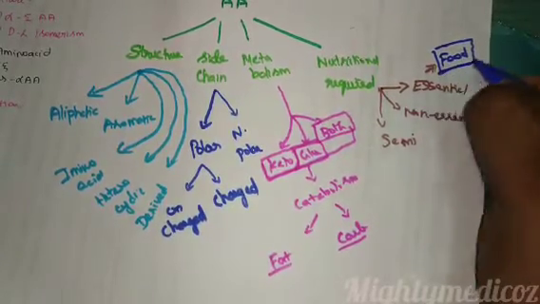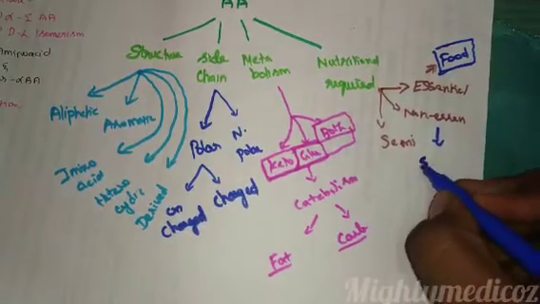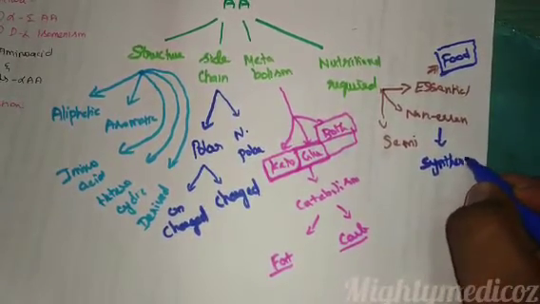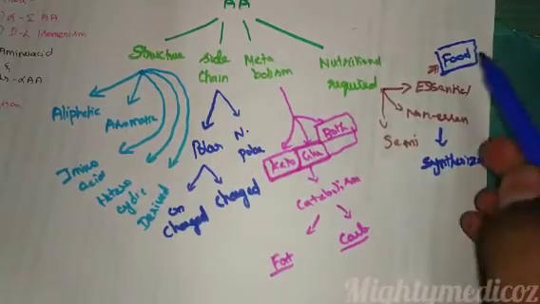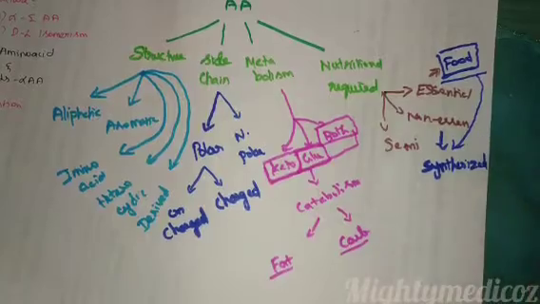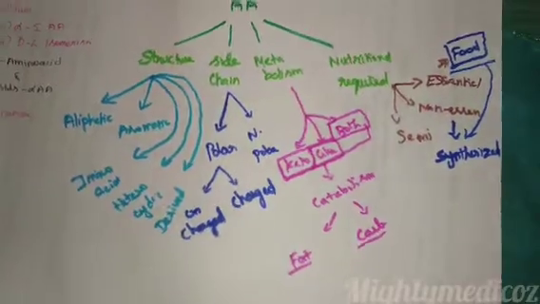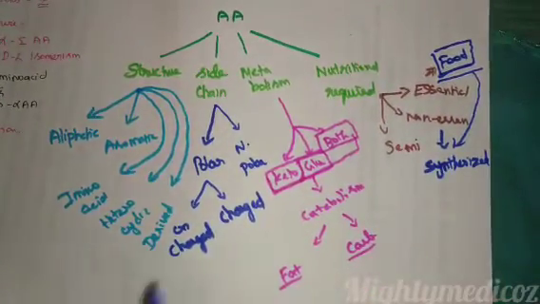Essential amino acids should always be taken through food; they are present in the food we eat. Non-essential amino acids are synthesized in the body. From the essential amino acids we take in, we synthesize the non-essential amino acids. This is the nutritional requirement classification, and this is the broad classification of amino acids.